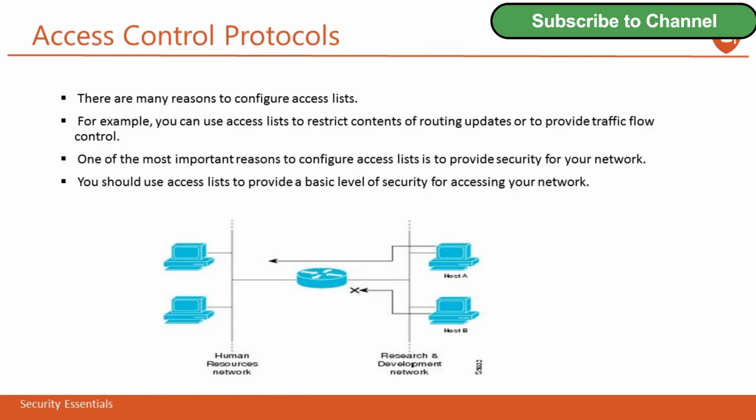Finally, we have access control protocols. There are many reasons to configure an access list. For example, you can use access lists to restrict the contents of routing updates or to provide traffic flow control. And one of the most important reasons to configure access lists is to provide security for your network. You should use access lists to provide a basic level of security for accessing your network because it essentially determines who has permission to access the network and who doesn't.